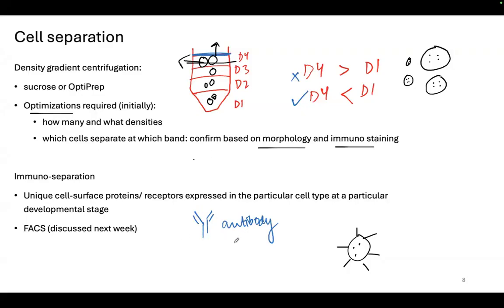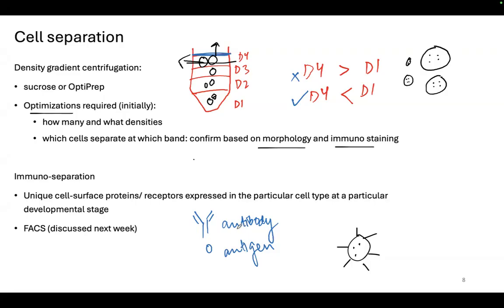The way antibodies are generated, they're generated by the B cells in your body, which are immune cells. Antibodies are generated against something. So this antibody can identify something, let's say this molecule. This molecule will be known as the antigen.